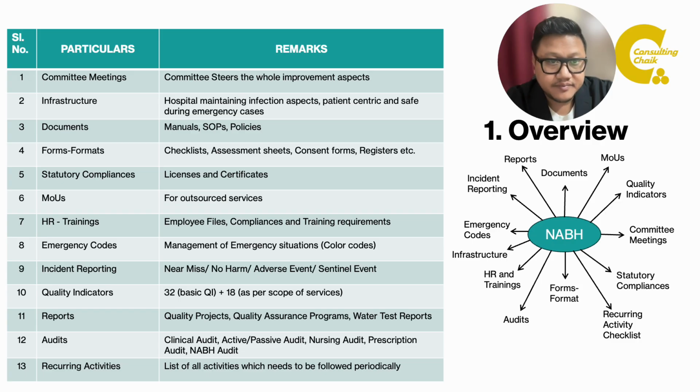Then infrastructure. There are several aspects of infrastructure. Basically there are three aspects in terms of infrastructure. There are several cases where people say that as per NABH standards, but you will not get those points highlighted in the standard.